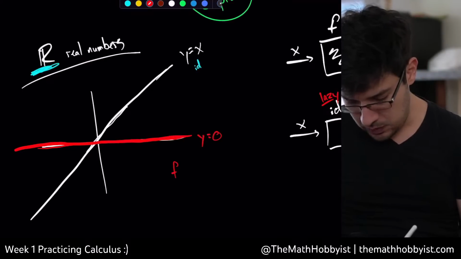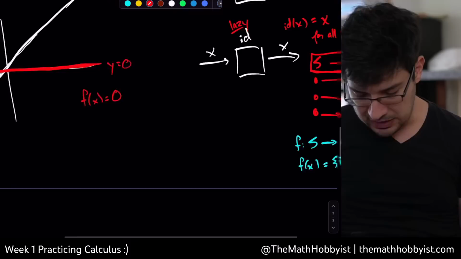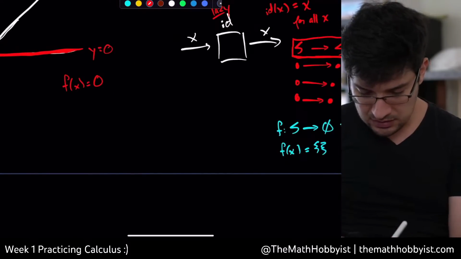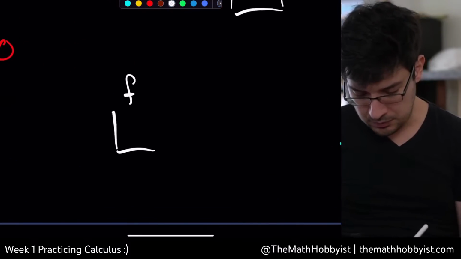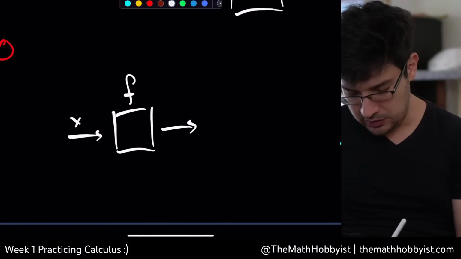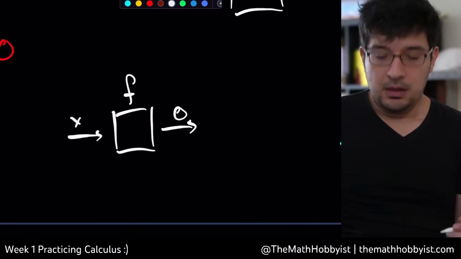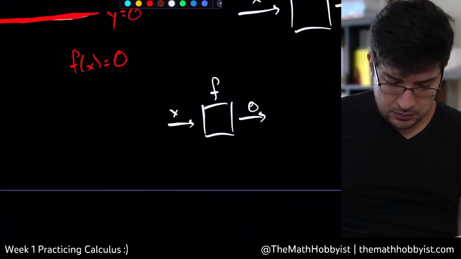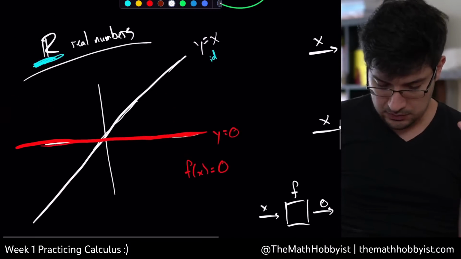No matter what I give you, you always give me the same thing. You always give me the number 0. I give you x, you give me 0, no matter what. That is also a valid function.